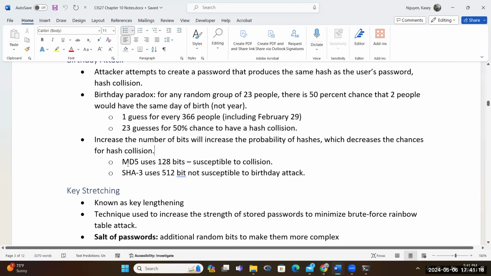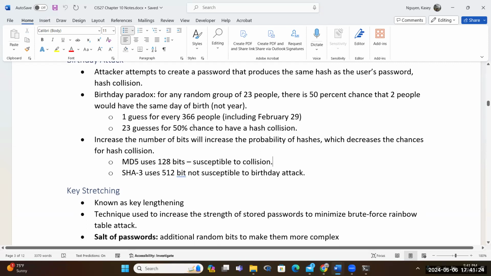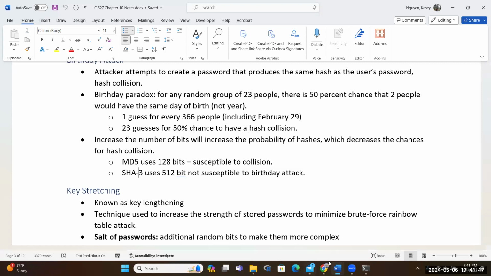So for MD5, because it's using 128 bits, it is susceptible to collision because there is at least a 50% chance that there is a match in the same hash. So if you're using something that has a higher bit size and a more difficult algorithm, it is less susceptible to birthday attack. It doesn't mean that it won't happen, it just takes longer, right? We know that for sure.